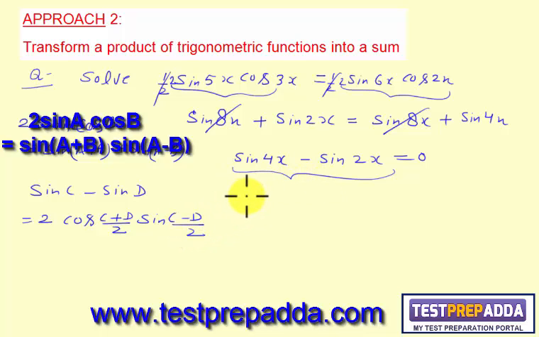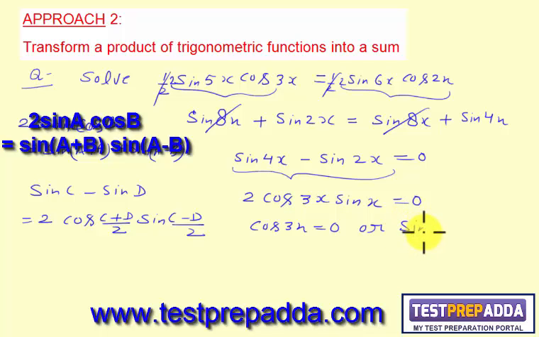So here I can write it as 2 cos 3x, since 4 plus 2 by 2, that is 6 by 2, is 3. Then sin (C minus D) means 4x minus 2x is 2x, by 2 is x. So this is 0. So what can we write now? Either cos 3x is equal to 0 or sin x is equal to 0.